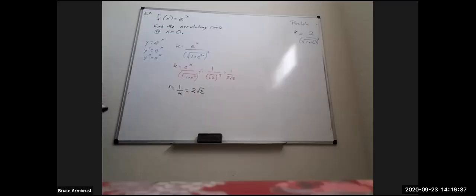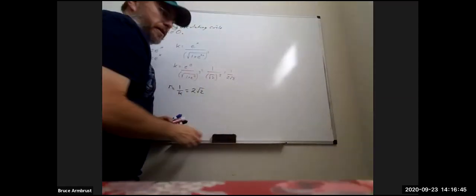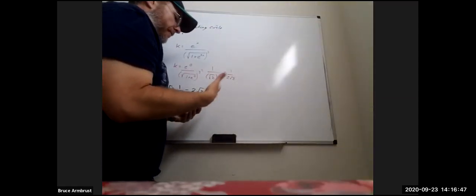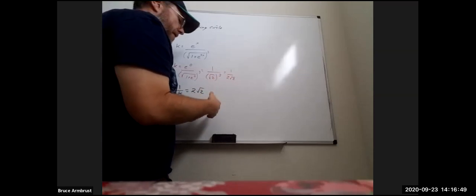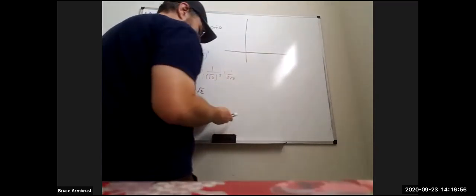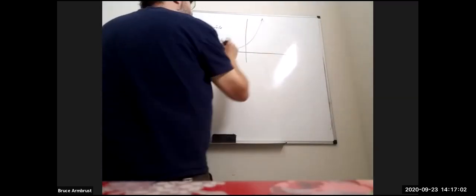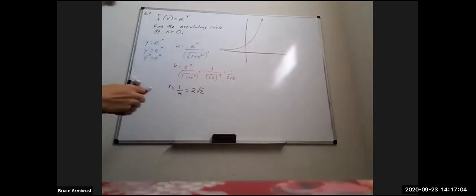All right, well, this is where big N is going to come in. This is where we're going to use N to help us out. So first of all, let me just draw the picture of what's going on here. We've got e to the x, good old exponential function. Looks like that.